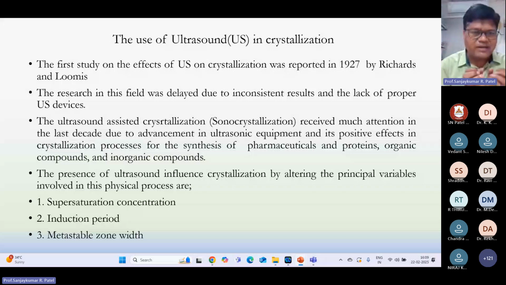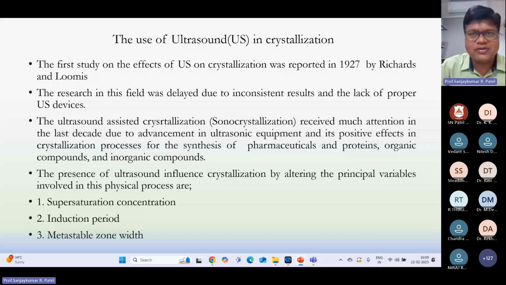So there is better control of all these three terms, and therefore we need to have a better understanding about ultrasound also.